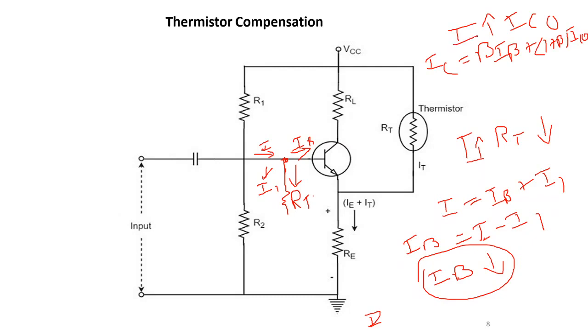With respect to temperature, ICO is going to increase, and thermistor resistance will decrease. With the thermistor variation of resistance, IB has decreased. So whenever ICO has increased in this equation and IB has decreased, IC is going to be maintained as a constant.